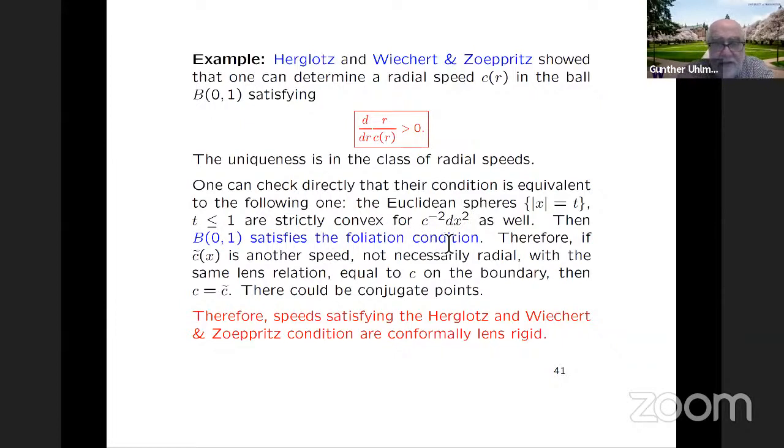So the spheres foliate the manifold in this case. So the foliation condition is the right analog of the Herglotz and Wiechert condition. Not simplicity.